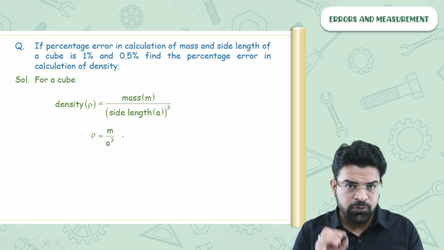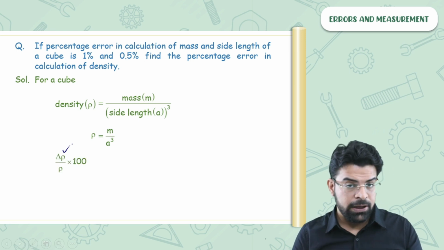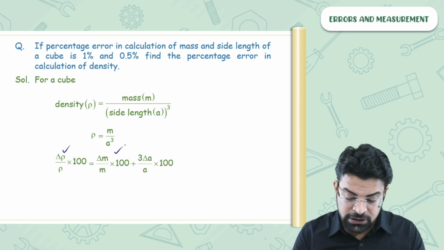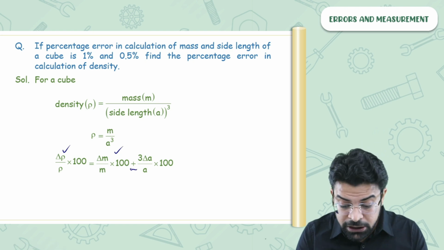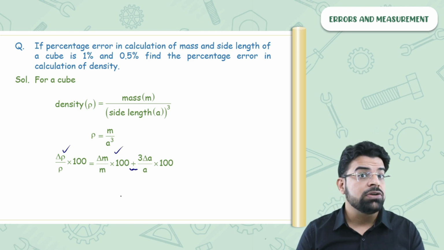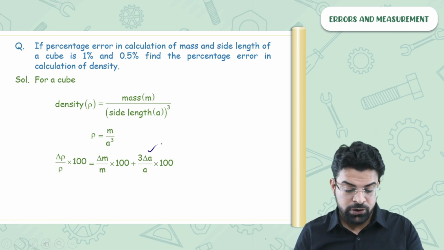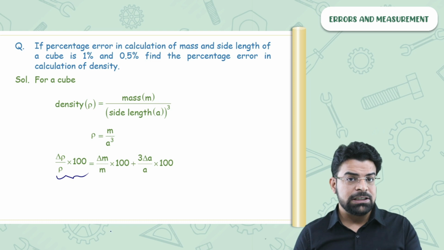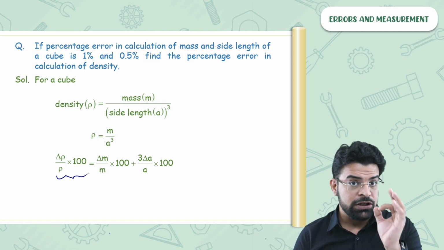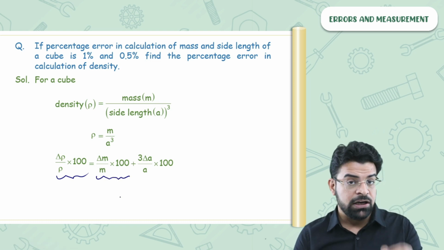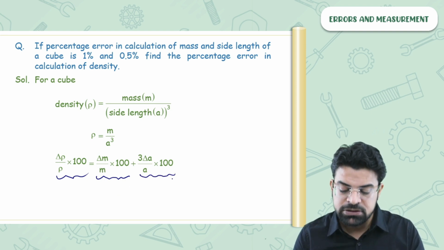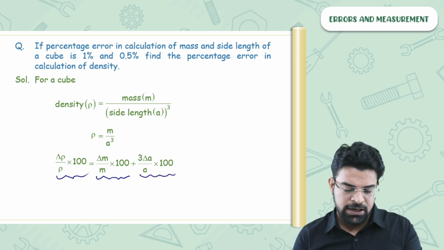Using the same formula, we say delta rho by rho into 100 equals delta m by m into 100 plus, because errors always add up, 3 times delta a by a into 100. Delta rho by rho into 100 represents the percentage error in calculation of density, which equals the percentage error in calculation of mass plus 3 times the percentage error in calculation of side length.